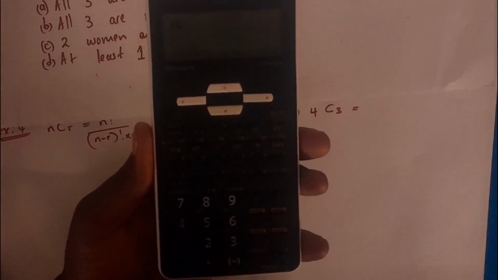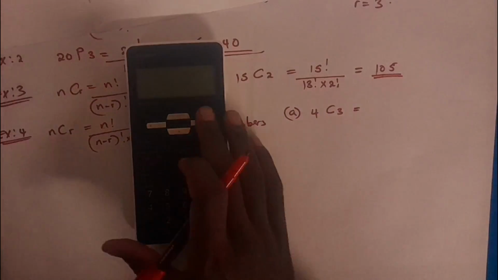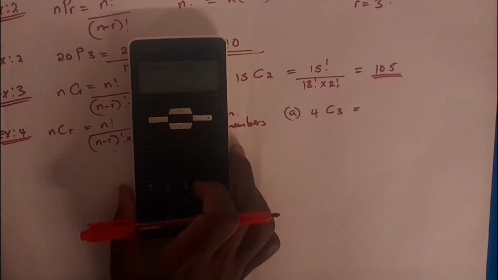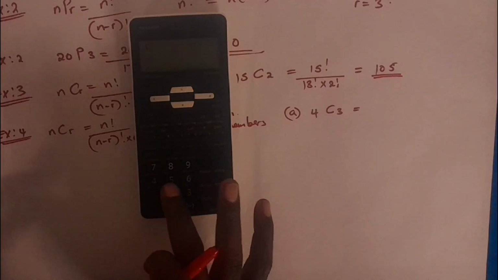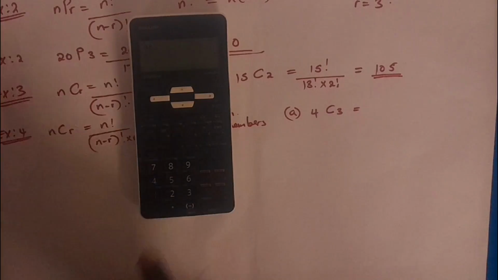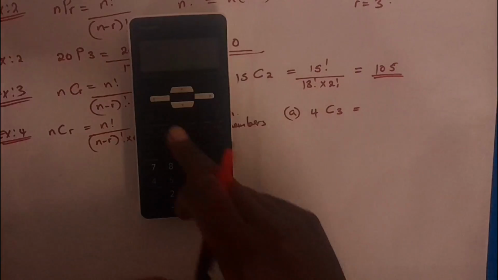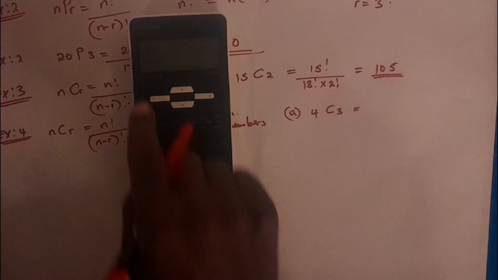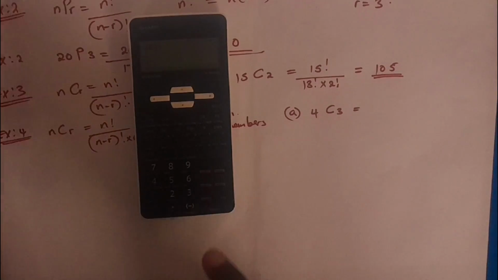If you press 5 here, you're going to see it showing a C, which is choose. So if you press 4, then second function, then button number 5, the choose is going to appear on the calculator, and then you press 3, we're going to get 4.